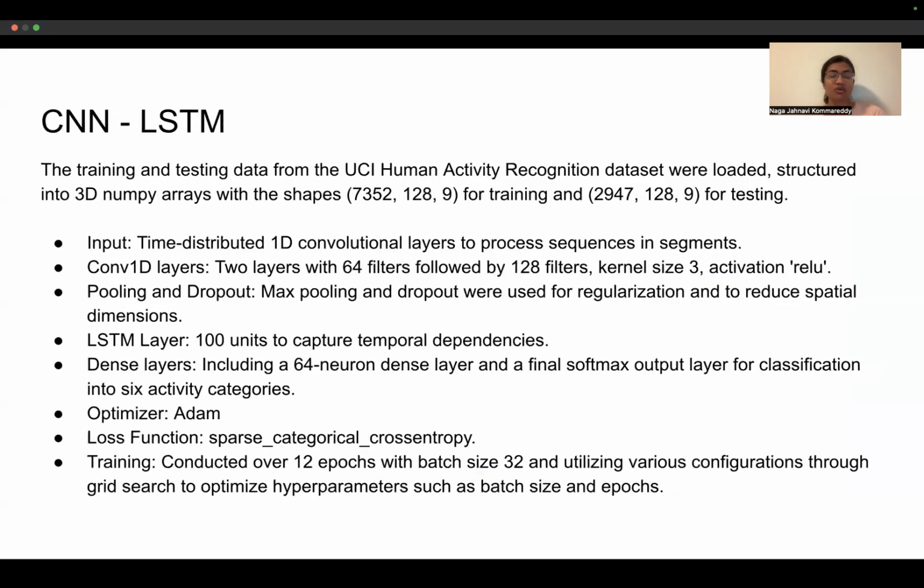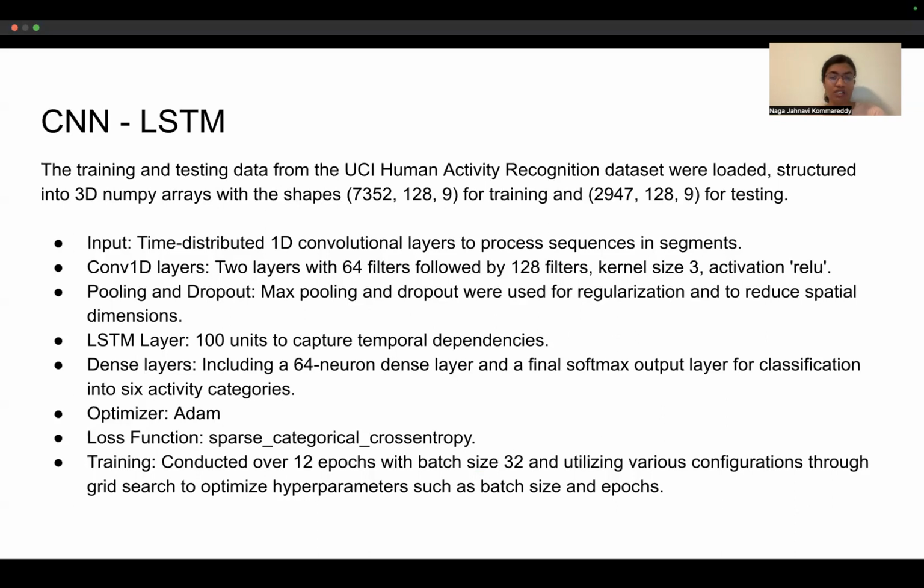The next architecture we explored is the convolutional LSTM. So the training and testing data is same as before, the segmented data, and it is fed to 1D convolution layers. But here we are using more filters, with 64 filters followed by 128 filters and a kernel size of 3 with activation function ReLU.